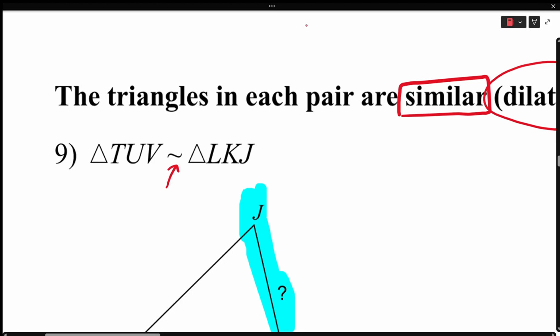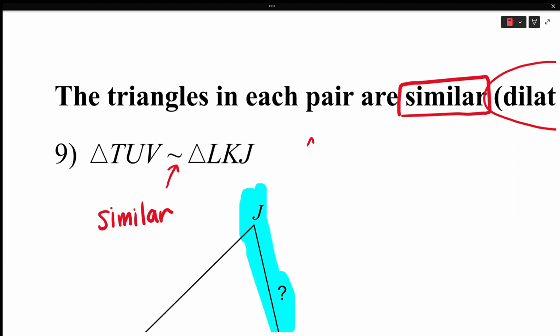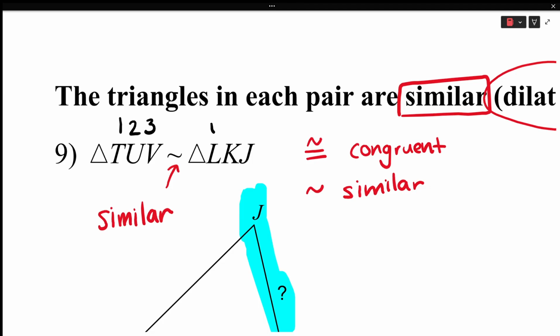This little squiggly line means that the two triangles are similar, right? When we say congruent, we do the squiggly line and an equal sign. With just a squiggly line means similar, okay? So triangle TUV is similar to triangle LKJ, right?